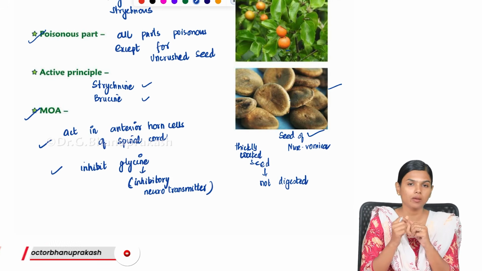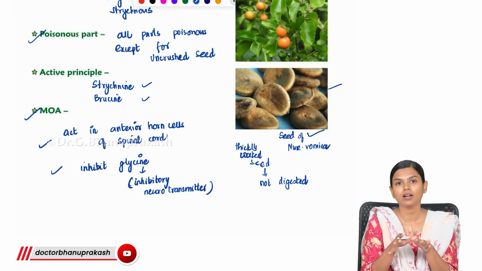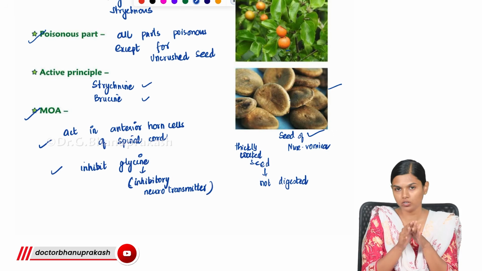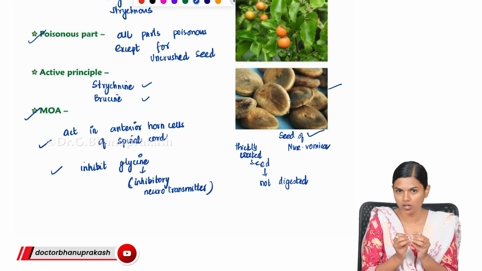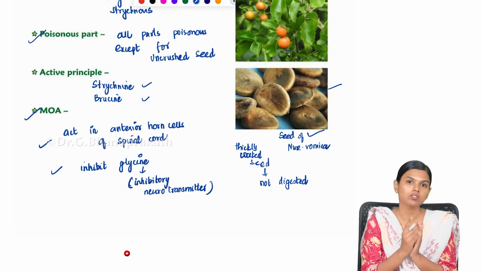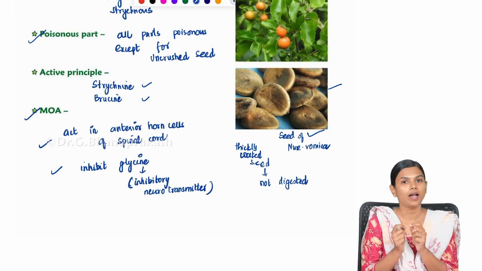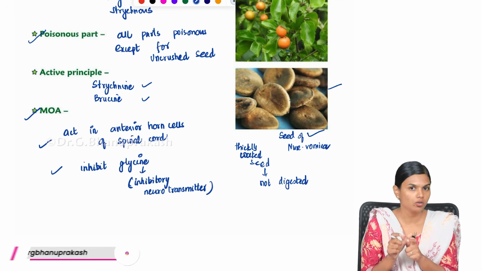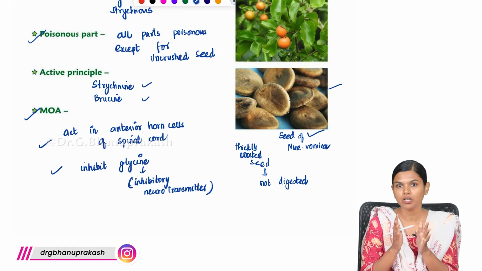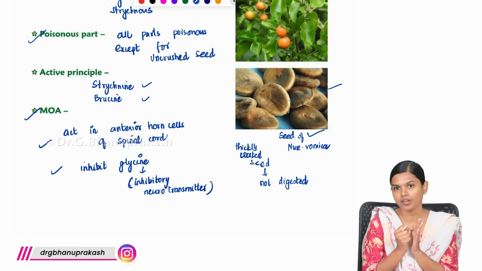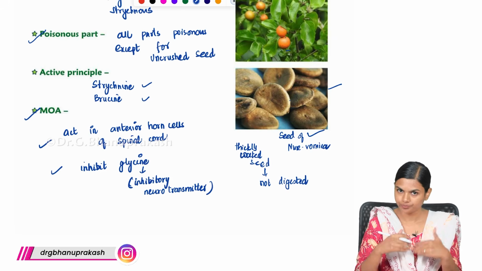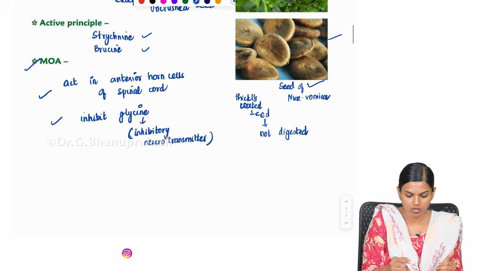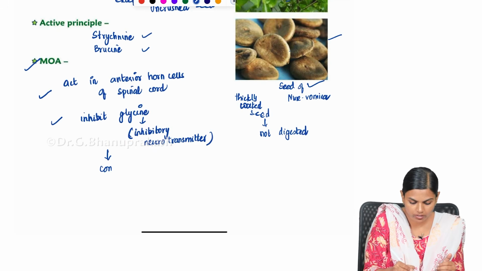Both have to be kept in check, acting equal and opposite. Then only you have a stable and useful activity going on in your body. But now this strychnine will go and inhibit that inhibitory neurotransmitter. So the glycine, which usually inhibits the stimulatory action, will be inhibited. So now what will happen? There will be continuous stimulation.